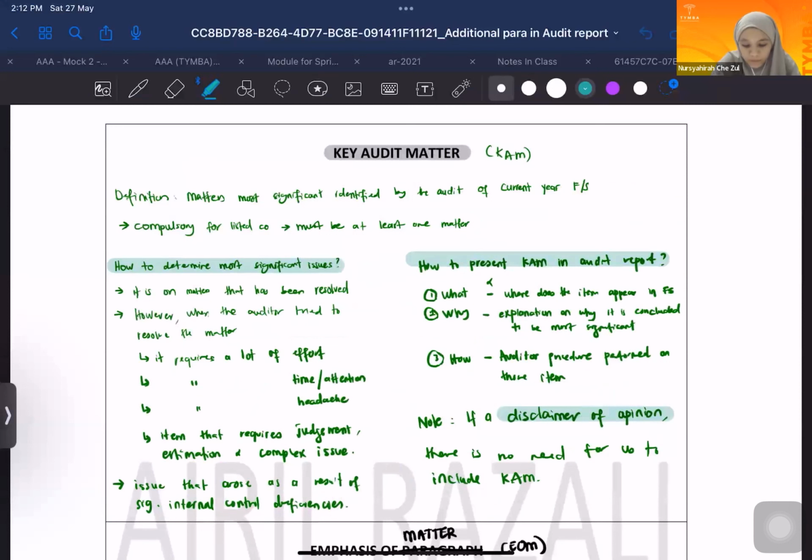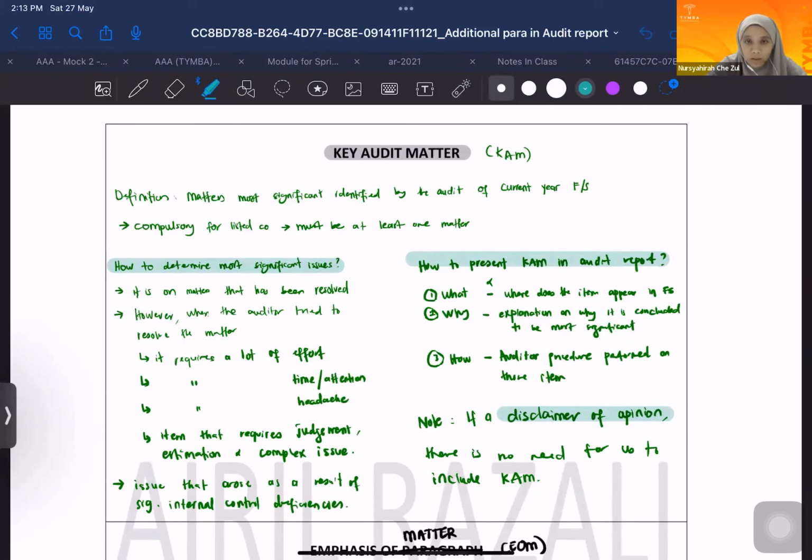The first additional paragraph to be included in the audit report is called key audit matters, or KAM, CAM. We must understand this first before we look into these notes. If your client is a listed entity, as per ISA it is compulsory for you to include this additional paragraph called key audit matters.